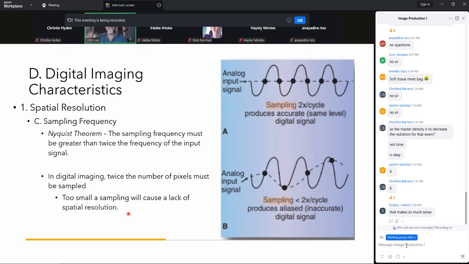This causes an aliasing or an anti-aliasing in our image. The artifact that's created from that is called a moire, and it looks like you took 2 images and you kind of put them over one another, but they don't quite line up. Okay. Again, this is for CR. This does not apply to flat panel or CCDs.